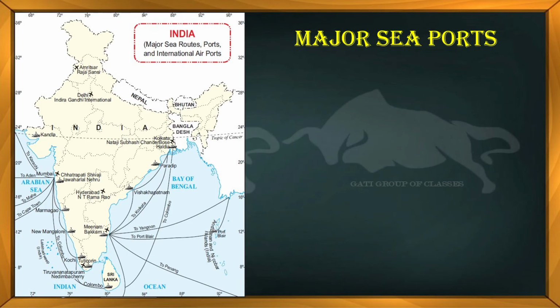So we have the major seaports of this area. Now these are the seaports that we can see over there. Like Haldia, Paradip, Vishakhapatnam, Chennai, Tuticorin, and New Mangalore, Marmagao, Jawaharlal Nehru, Kandla. So we have that much of coastline running along these shores.